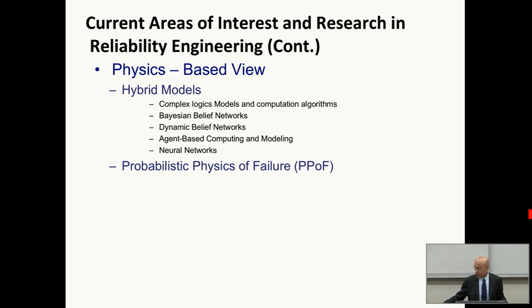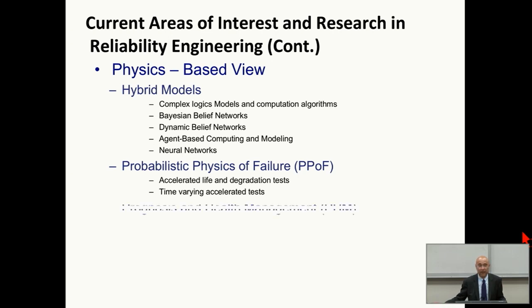Another area of expansion has been in probabilistic physics of failure, especially in accelerated life and degradation testing. Different methods of testing have been used. Time-varying tests, for instance, have been one area of expansion, especially when combined with Bayesian models and techniques, which have been a very good area for research and development.